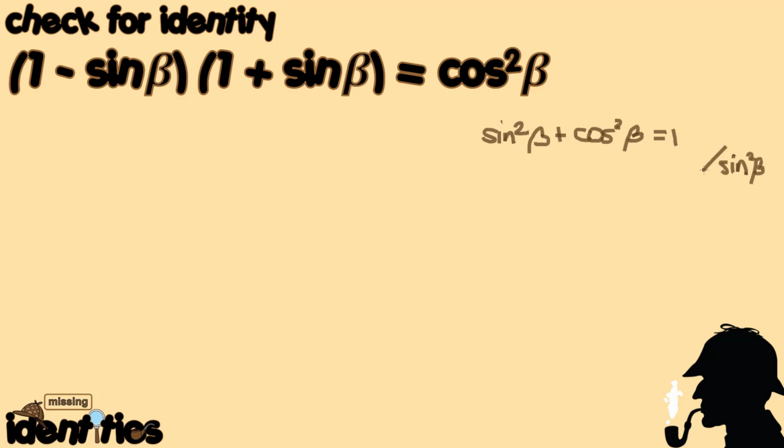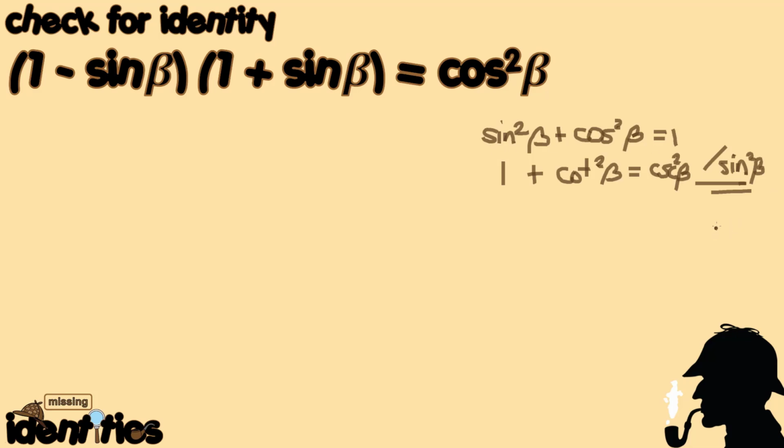The second Pythagorean identity is sine squared beta divided by sine squared beta is 1, plus cosine squared beta over sine squared beta, which is cotangent squared beta, equal to 1 over sine squared beta, that's cosecant squared beta.